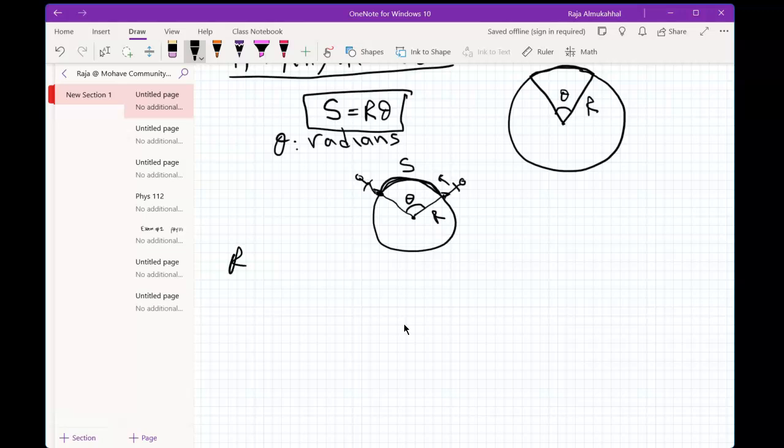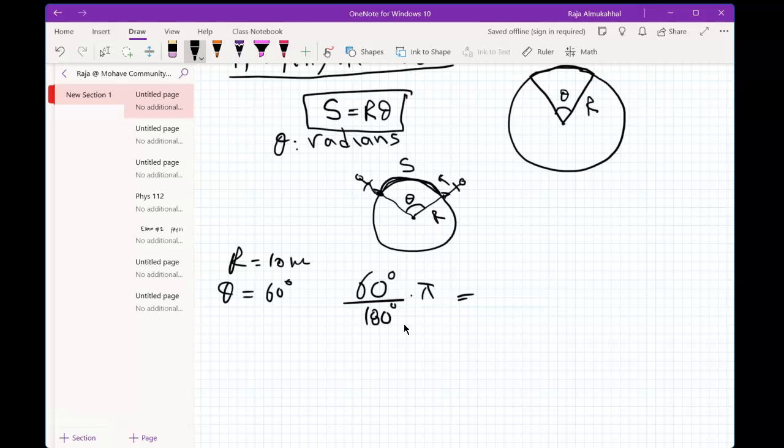Let's say the radius is 10 meters, for example, okay? And let's say the angle is 60 degrees, okay? You have to convert it into radians. What that means is that you take the 60 degrees, you divide it by 180 degrees, times pi. That's basically how you convert.